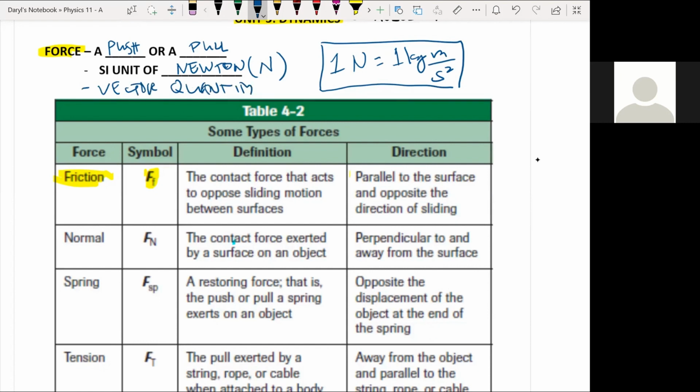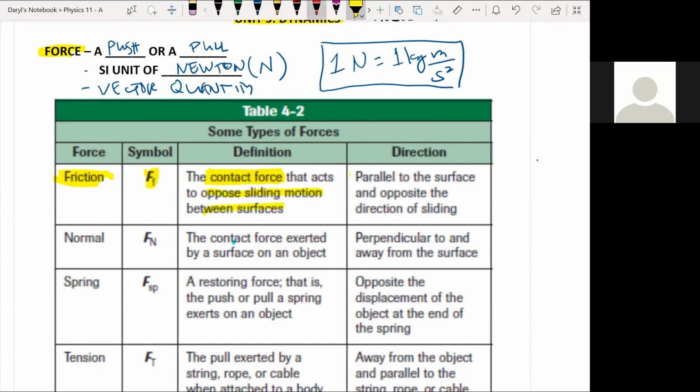Friction, by definition, is a contact force. When you say contact force, that means the two objects are in contact with one another. And it acts to oppose the sliding motion between surfaces.